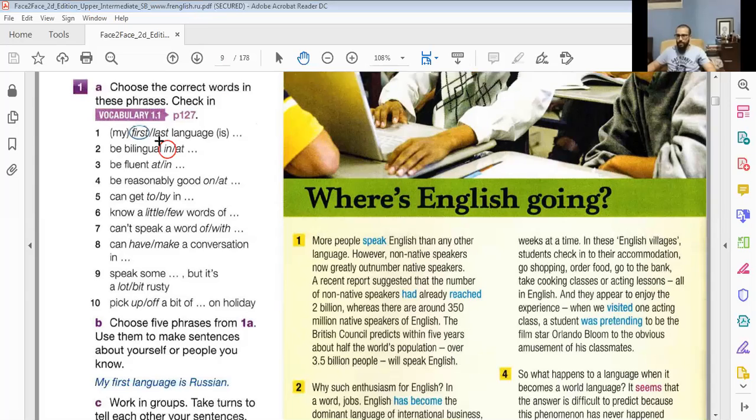Okay, let's choose in. And to be fluent at or fluent in, what do you think? In also. Okay. And number four, to be reasonably good on or reasonably good at? I go with at.